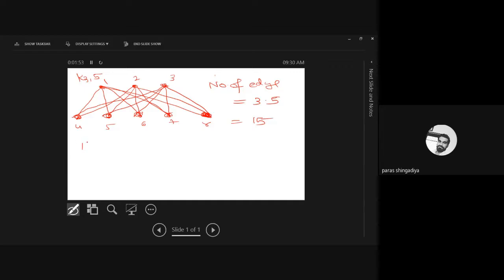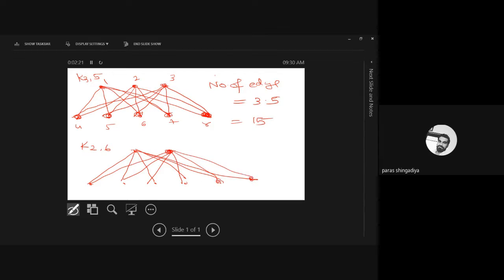Now the second graph is K2,6. So consider 2 vertices on one side and 6 vertices on the other side. Now connect the first vertex to the 6 vertices, and now do it for the second vertex. Clear?